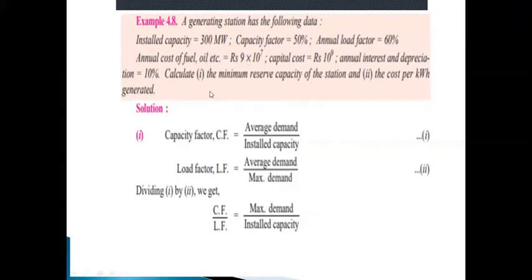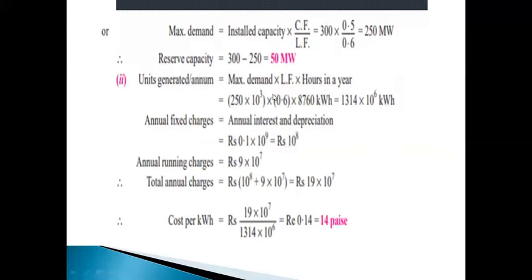With this, you are asked to calculate the minimum reserve capacity of the station and the cost per kilowatt hour generated. To calculate the minimum reserve capacity of the station, you know that in every generating station we will have a reserve capacity. In case the load demand suddenly exceeds the units that are installed in the power station, we should switch on the reserve capacity.